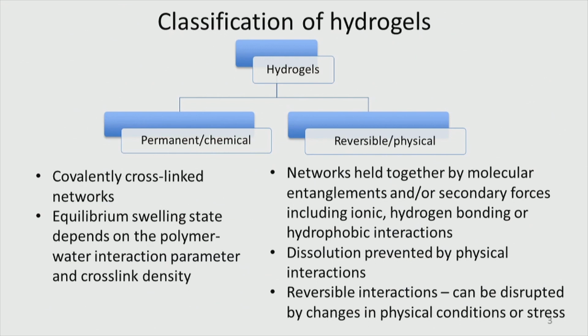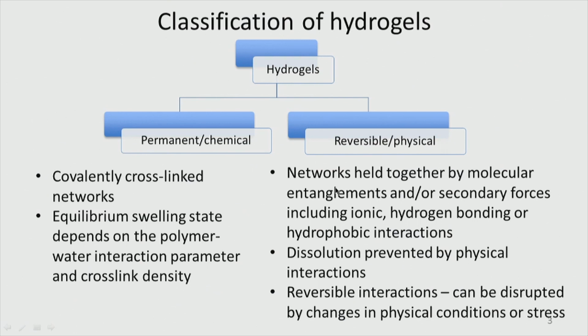So, the classification of hydrogels: we have permanent chemically bonded or reversible physically bonded. That means, when there is physical bonding, it is reversible, that means the material can become a hydrogel by adding water, or it can give up all the water, or it could be a permanent chemical bonding. So, chemical bonding could be covalent cross linking, and equilibrium swelling depends on the polymer water interaction and cross link density.